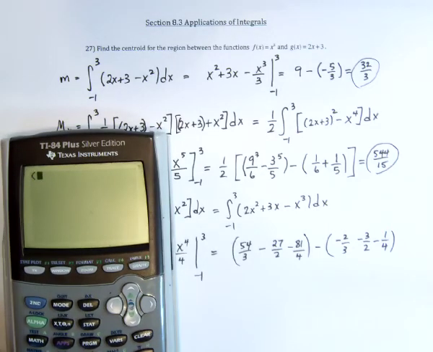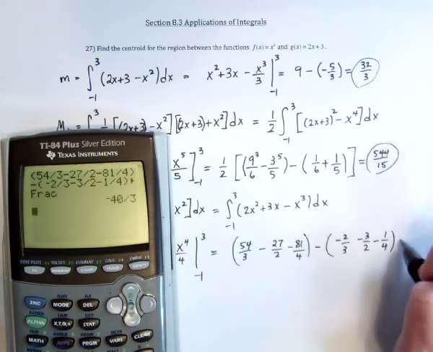So let's see: 54 divided by 3 minus 27 divided by 2 minus 81 divided by 4, and then subtract from that a negative 2/3, subtract 3 over 2, and subtract 1 over 4. Grand total is negative 40 over 3.